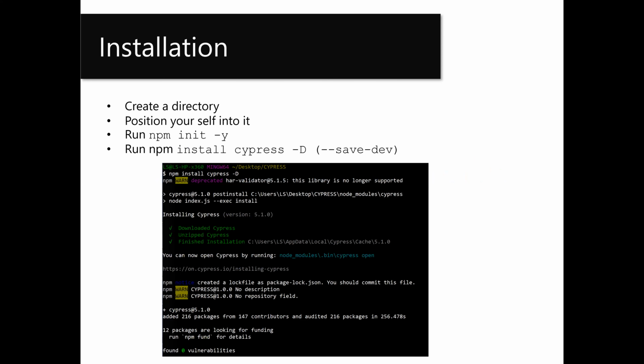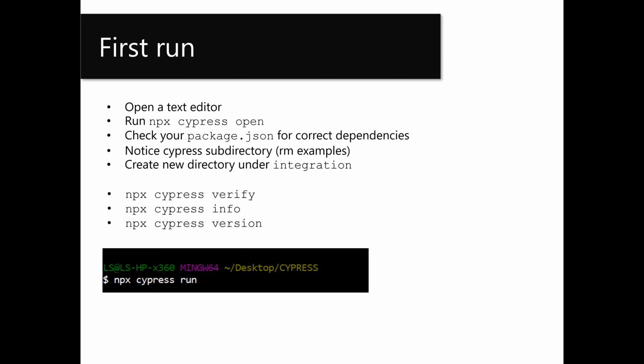Okay, so we've seen that we created the directory, we positioned, we ran npm init, we installed Cypress -D. You can also do, instead of -D, --save-dev, which is pretty much the same thing. It's going to install with the dependencies. We open a text editor, run Cypress open, which triggered it to create these substructure directories, which we needed.